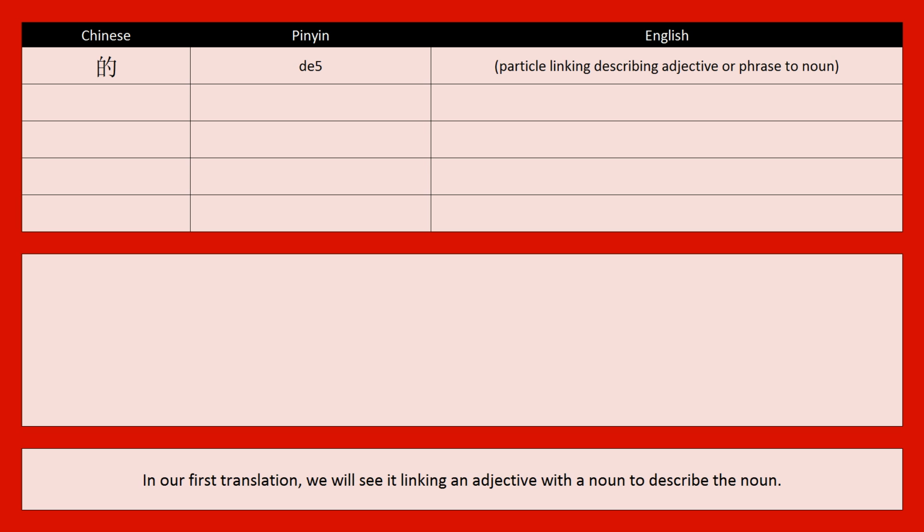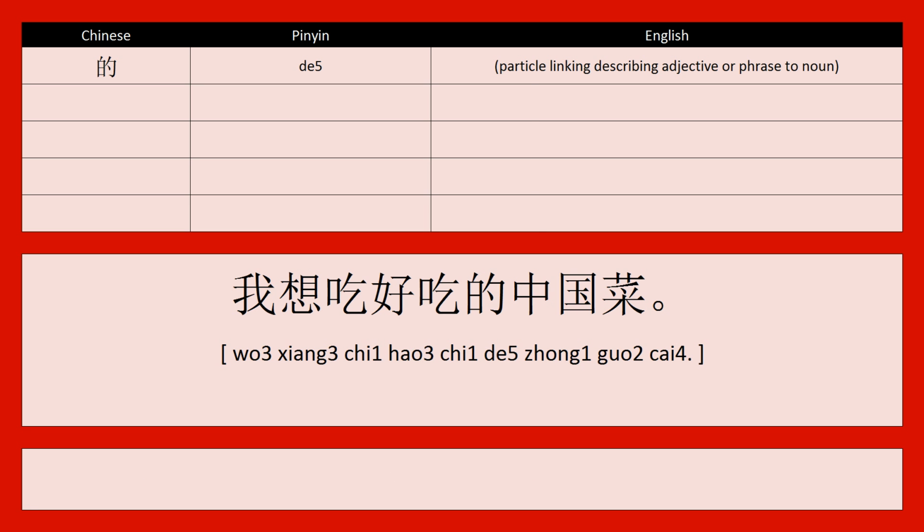In our first translation, we will see it linking an adjective with a noun to describe the noun. Our first translation. 我想吃好吃的中国菜。I would like to eat tasty Chinese food.